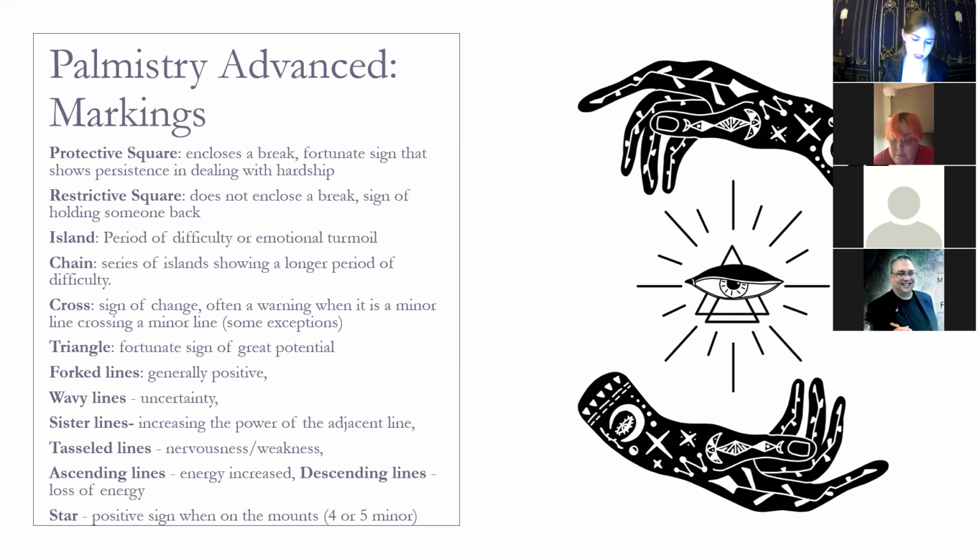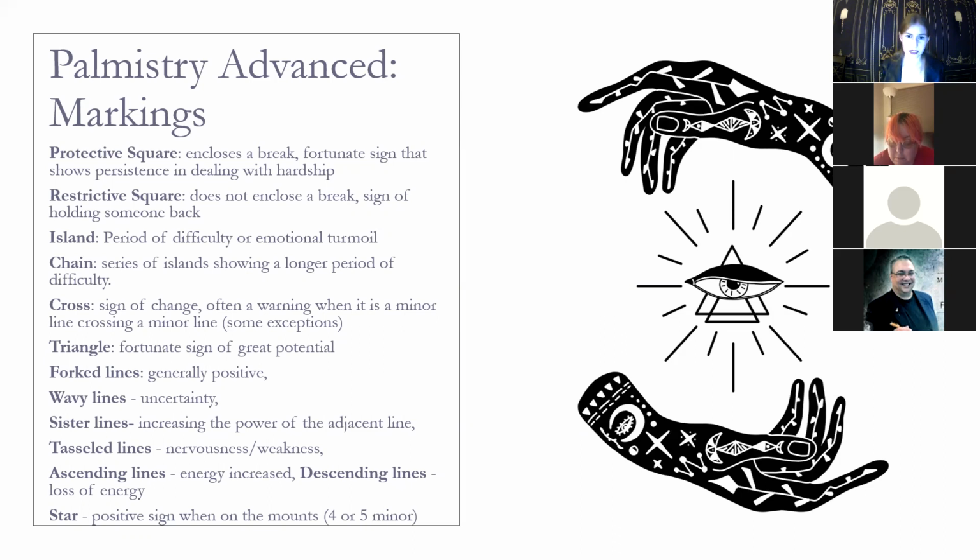There are such things as islands, which mean there's a period of difficulty or emotional turmoil. You'll often see this on the heart line, and on the lifeline as well. There are chains, which are a series of islands showing longer periods of difficulty in that area, whether it be relationships or energy levels.